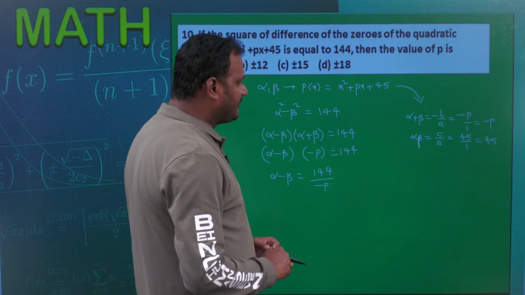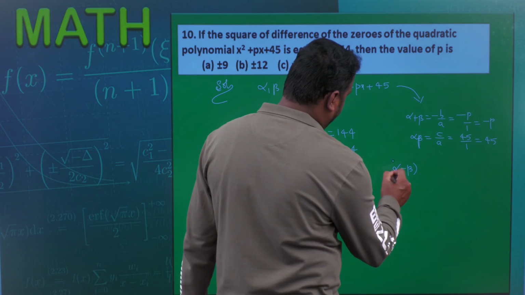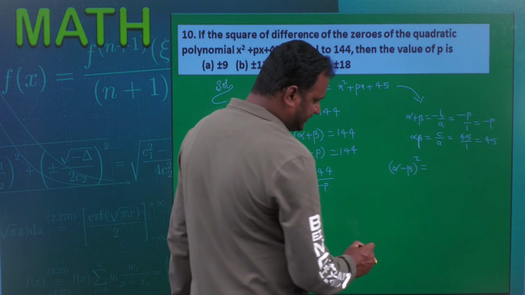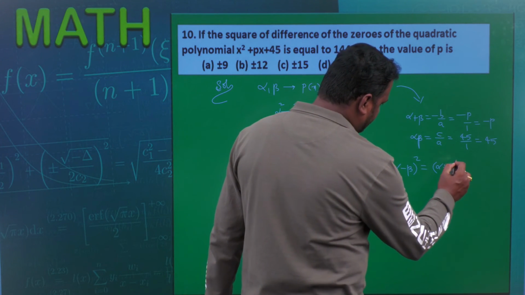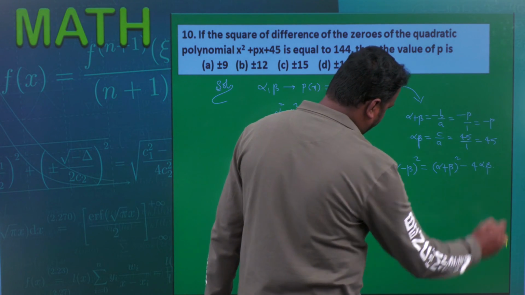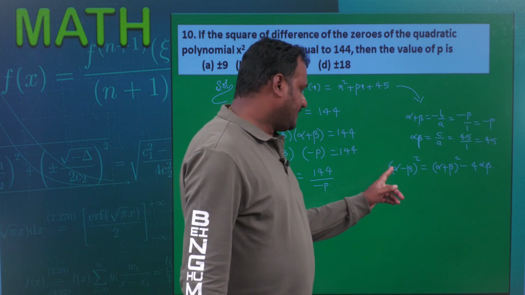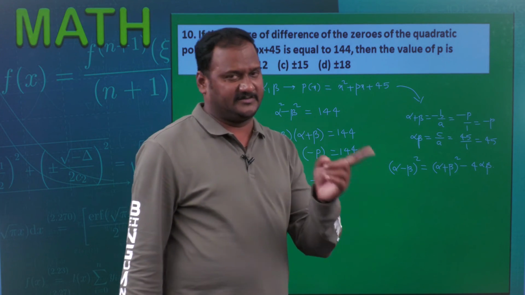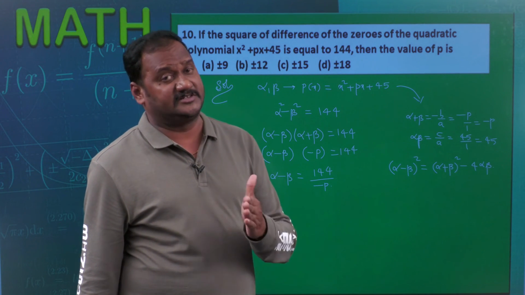But I have a formula for alpha minus beta whole square. Alpha minus beta whole square is equal to alpha plus beta whole square minus 4 alpha beta, if I am not wrong. This is just like a minus b whole square and a plus b whole square, that's it. A minus b whole square equal to a square plus b square minus 2ab. What is a plus b whole square? A square plus b square plus 2ab.